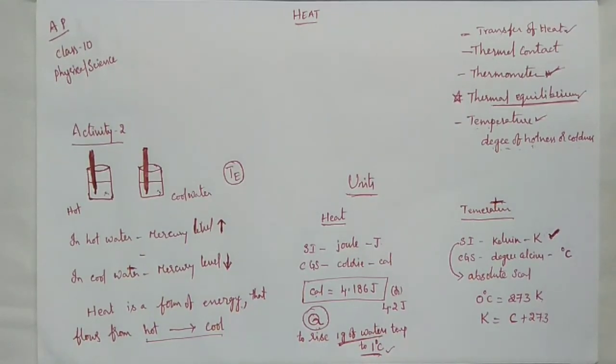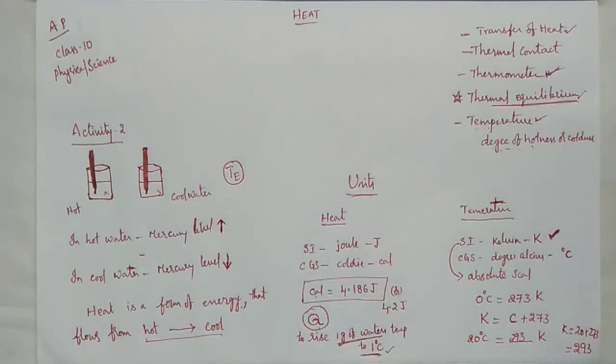Right. A simple question can be solved. If it is 20 degree Celsius, how many Kelvin is it? K is equal to C plus 273. K is equal to 20 plus 273, that is equal to 293 Kelvin. This is 293 Kelvin, right?